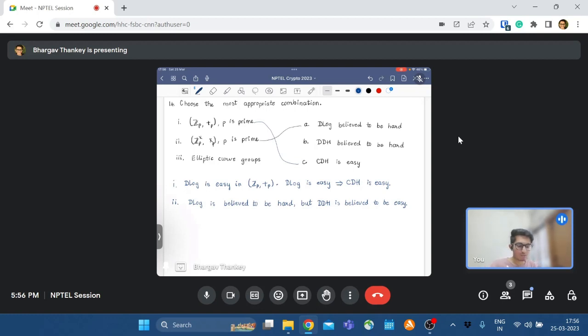And in elliptic curve groups, we know that all three, D-log, DDH, CDH, let's put CDH first.